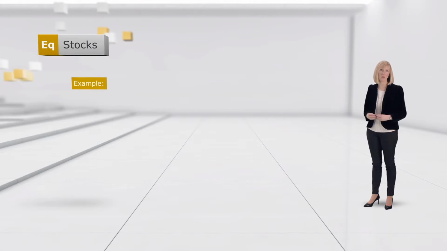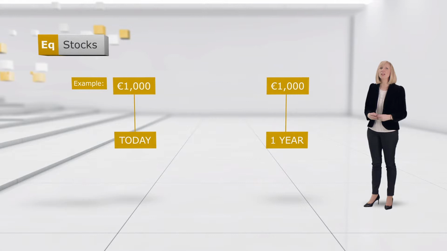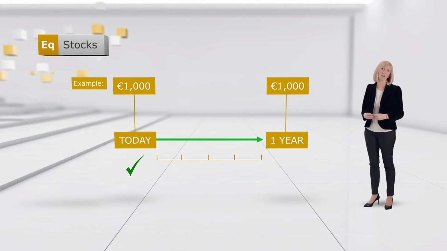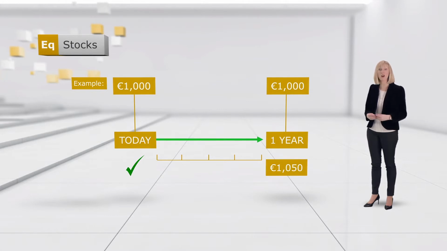You have a friend who offers to give you 1,000 euros today or 1,000 euros in a year's time. It's likely that you would take the 1,000 euros today because you could invest it and earn a return of 5%, which would give you 1,050 euros in a year's time.